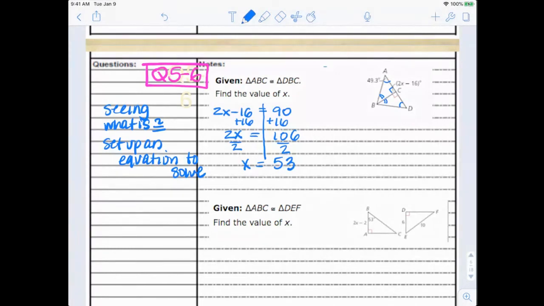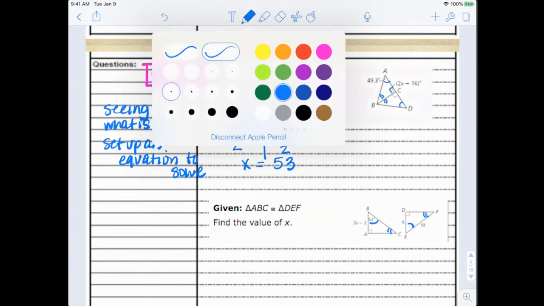Again, it gives me that ABC is congruent to DEF. So A is congruent to D, got it. B is congruent to E, and C is congruent to F. But I want to find the value of x. So here's how I would look at this.